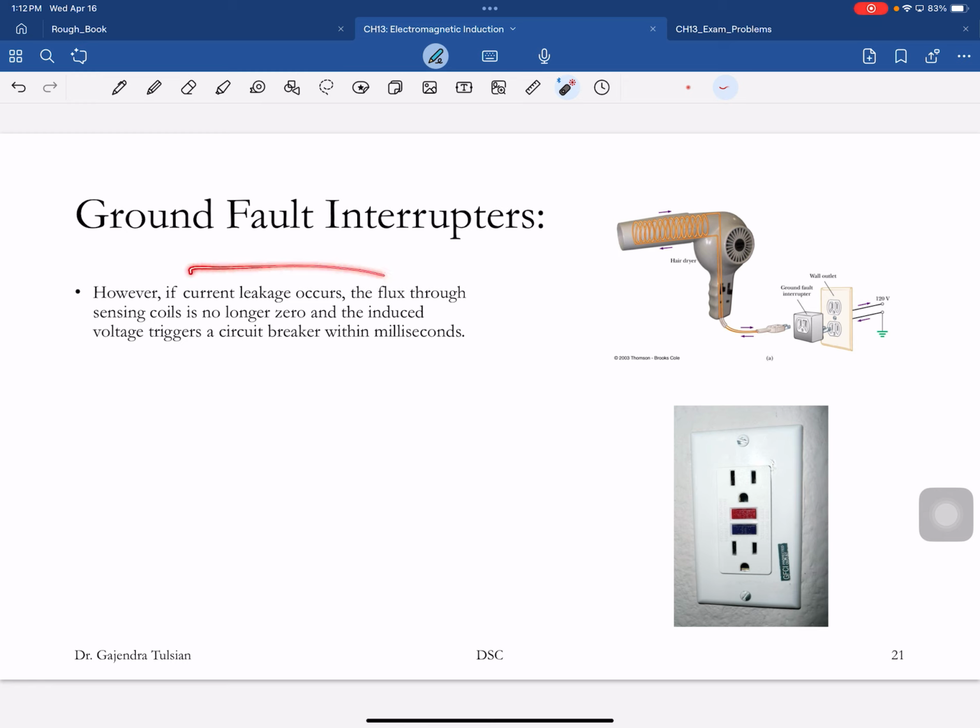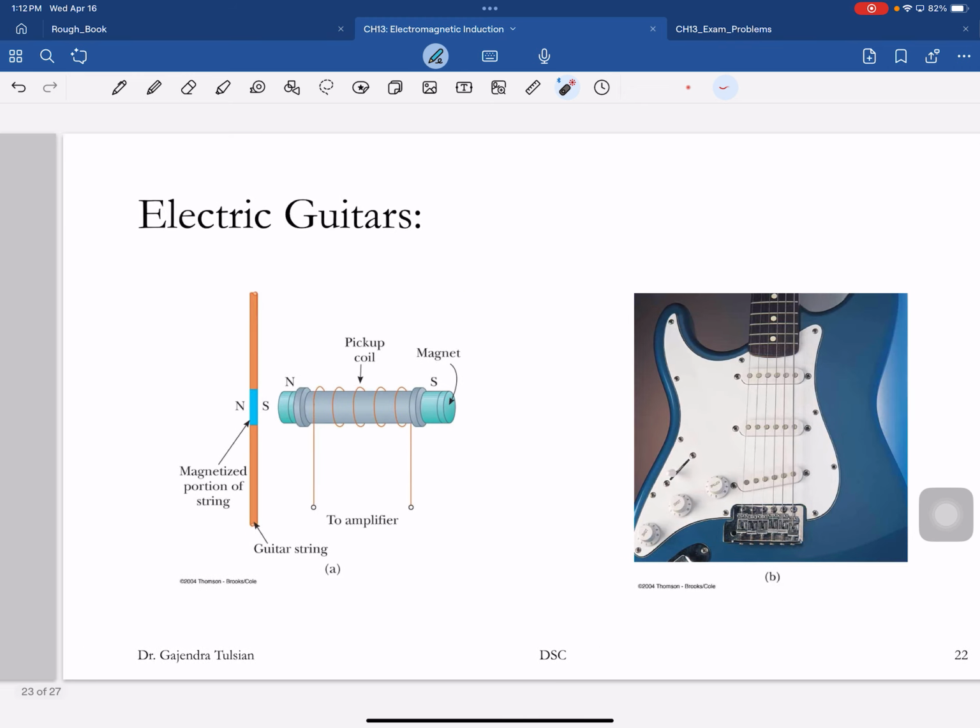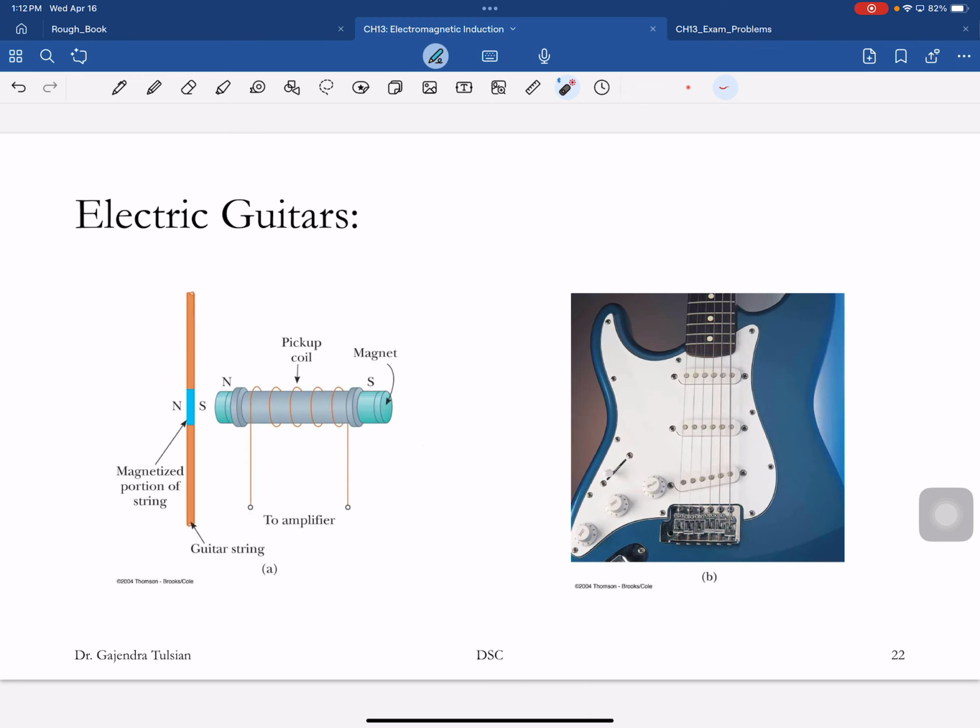This is a ground fault interrupter. What is its job? If the current going back is not equal to the current coming in, it instantly switches off this device. Well, within a millisecond. So you do have to survive a millisecond.